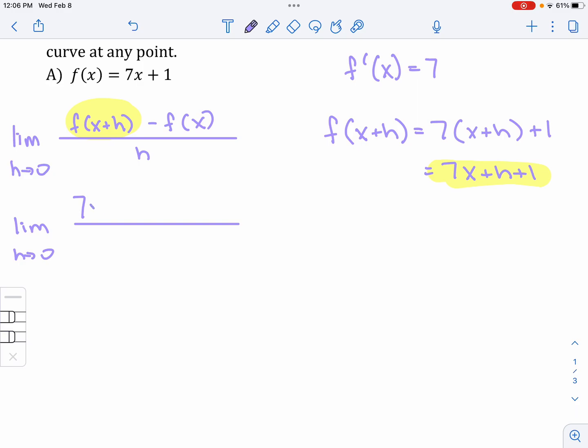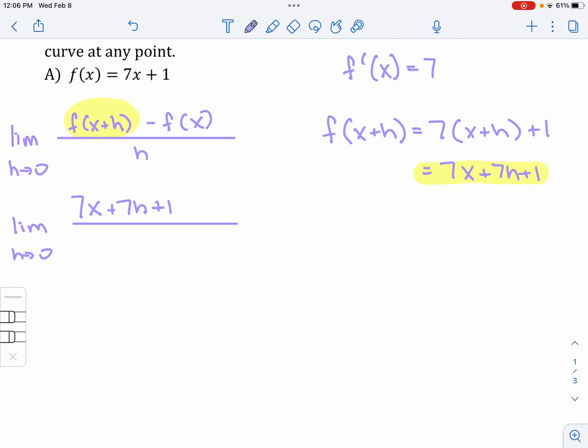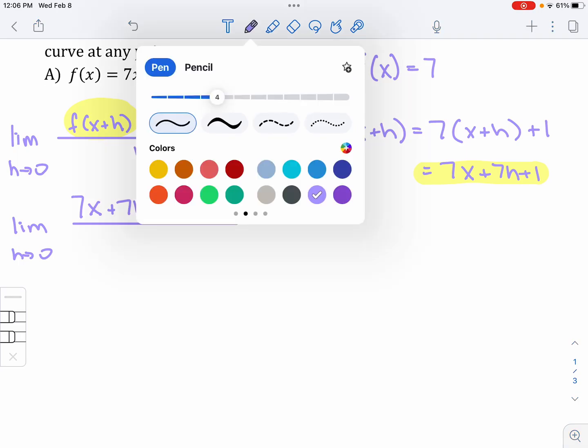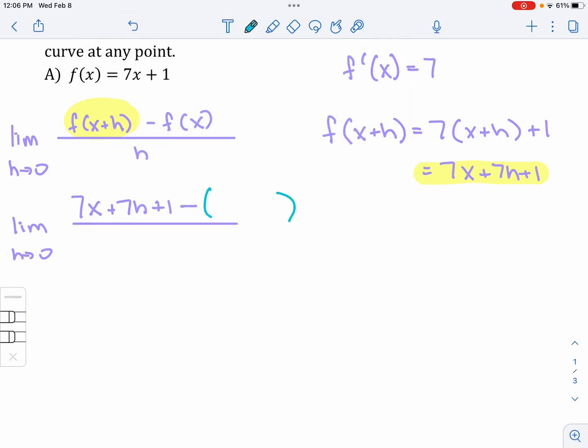So this is my equation. I forgot a 7 over there. I'm going to adjust that. Okay, so then I'm going to use subtraction, and then f of x, so minus sign, f of x is here. It's interchangeable with 7x plus 1.